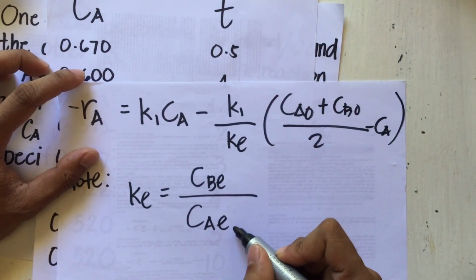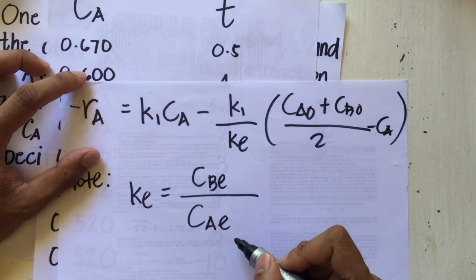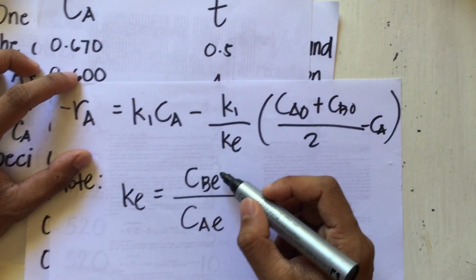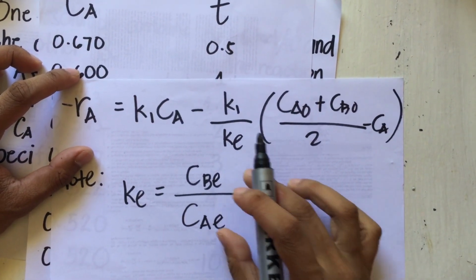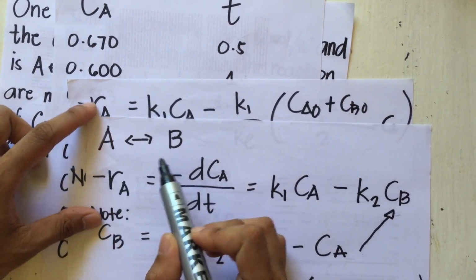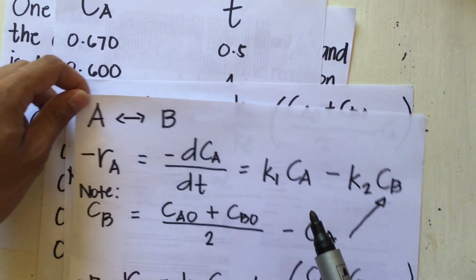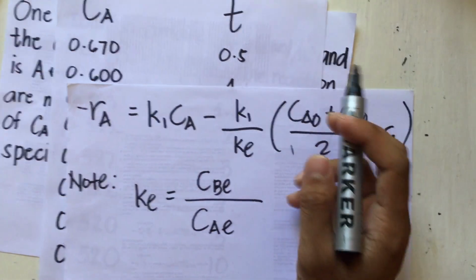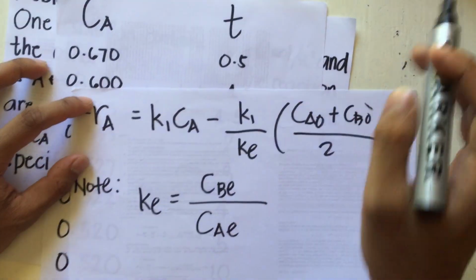We have this right in the given, but we don't have this CBE. But as I have said earlier, the stoichiometric ratio of A and B is just 1:1. Therefore, we can also relate its concentration at equilibrium.